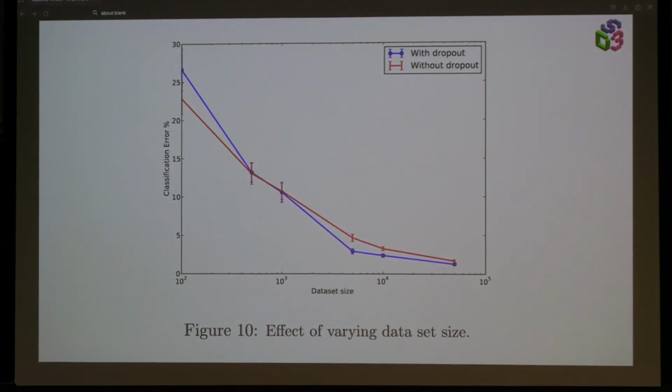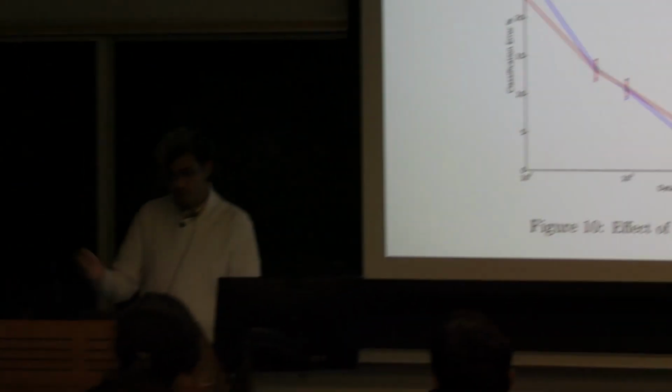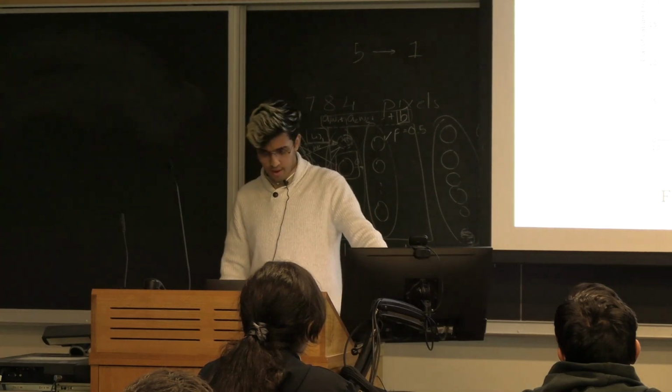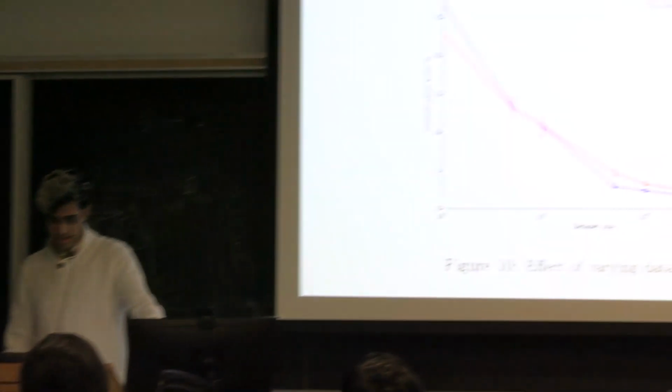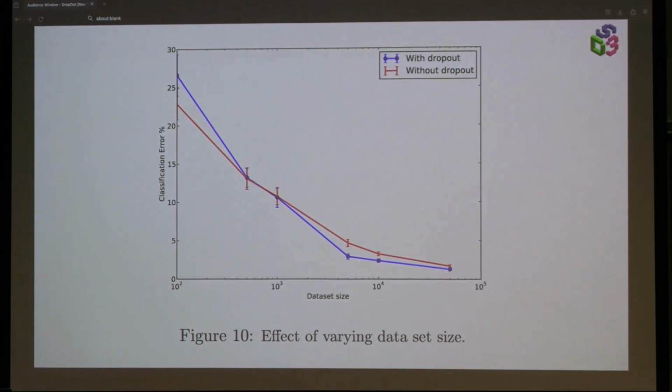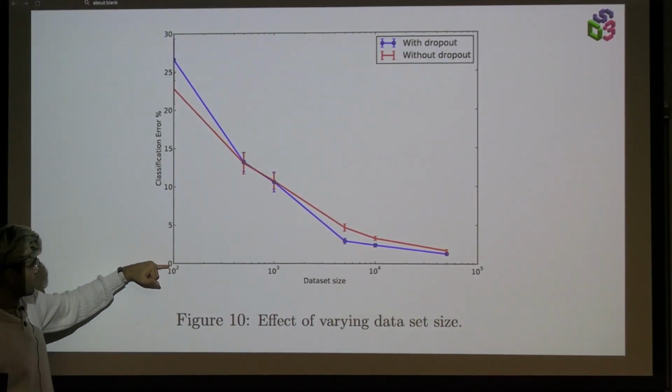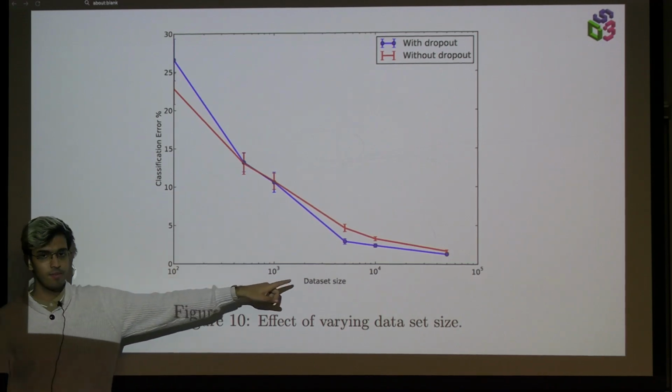I'm not sure what they wanted to show with this, but they used a subset of the random handwritten digits. So I think they have 100, 500, 1,000, 5,000, 10,000, and 50,000. Also, pretty neat, this x-axis is actually logarithmic.